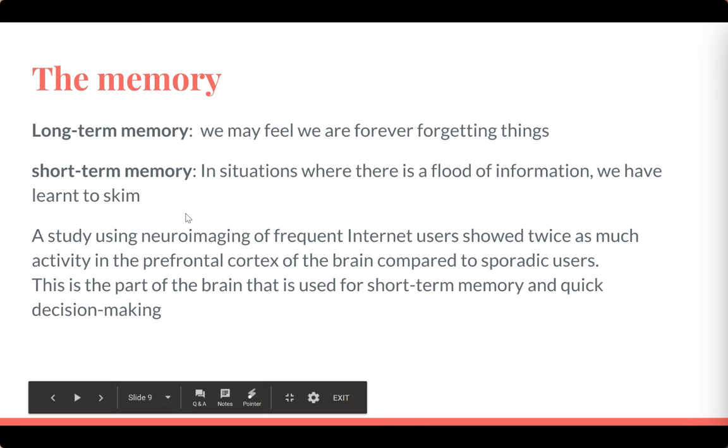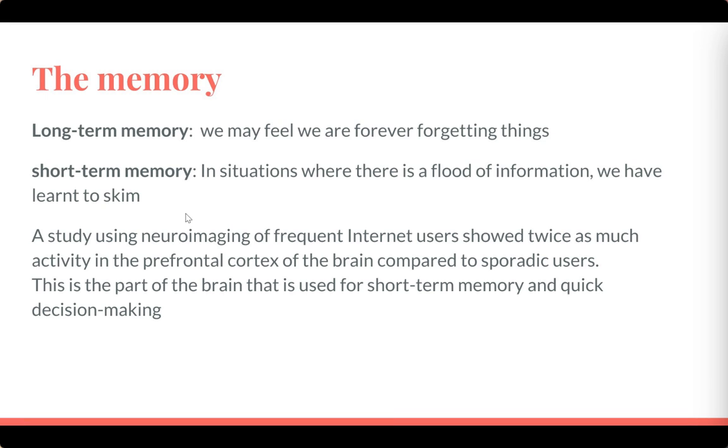Second is the short-term memory. A study using neuroimaging of 30 internet users showed twice as much activity in the prefrontal cortex of the brain compared to sporadic users.